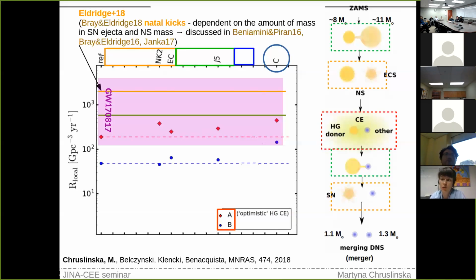While in most cases, people assume that this velocity is independent of properties of the star that undergoes a supernova. And the important thing is that in binaries, if this model is used, the natal kicks are usually lower than if you assume that they are not related to properties of the exploding star.